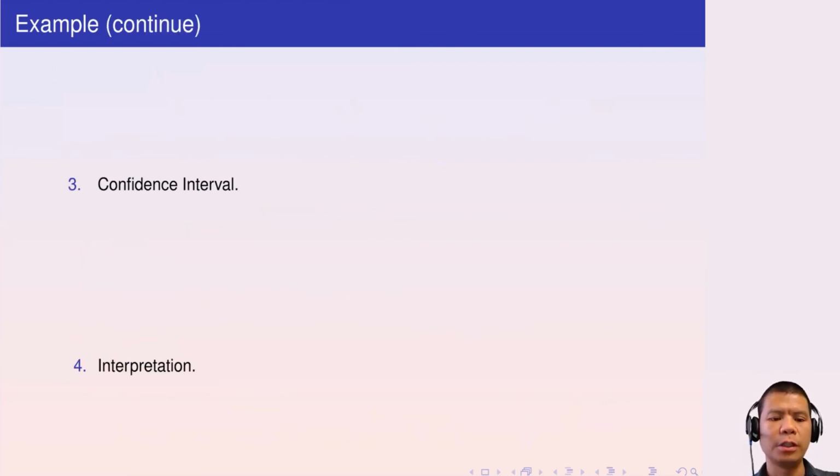And then the confidence interval is going to be x bar minus E, x bar plus E. You find these values. Sorry, I do not have a calculator right now, so you can find this one.